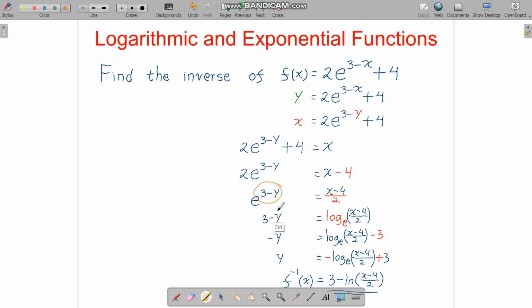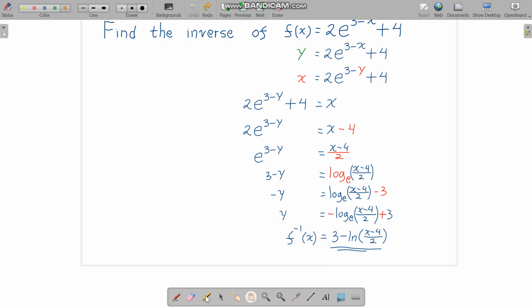The exponent is like the result of the logarithm, and this is the argument. And we subtract 3 from both sides, so the 3 is now here, minus 3. And we multiply both sides by negative, so minus plus. So in the end, we say the f inverse of x equals, we just change the order, 3 minus, and log base e is the same as ln.